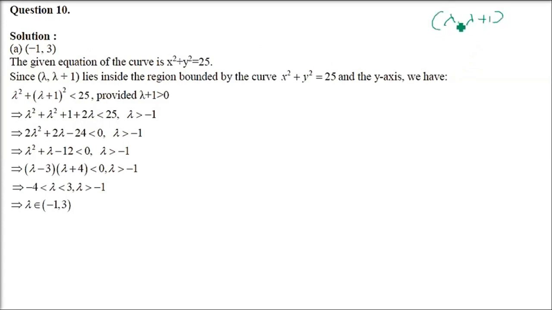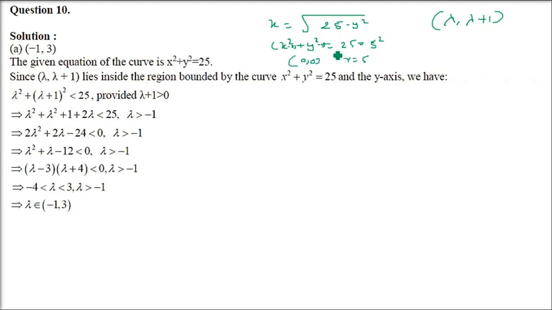This is the point (lambda, lambda plus 1). This lies inside. So what is the curve? It's given in a very different form, but ultimately, see, this is x equals under root 25 minus y square. If we just manage it, we get x square plus y square equals 25, that is (x minus 0) whole square plus (y minus 0) whole square equals 5 square.